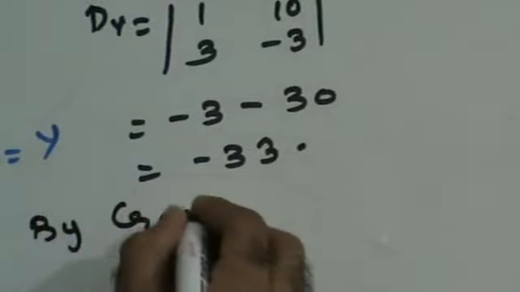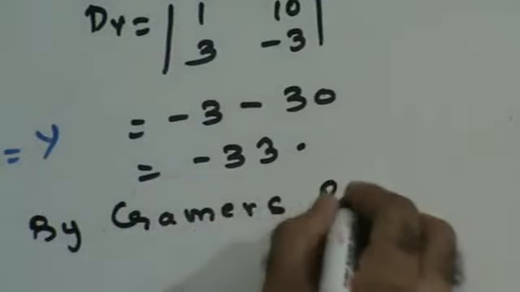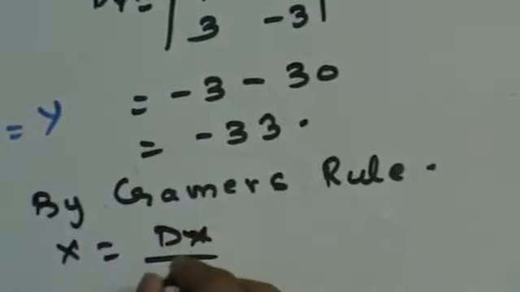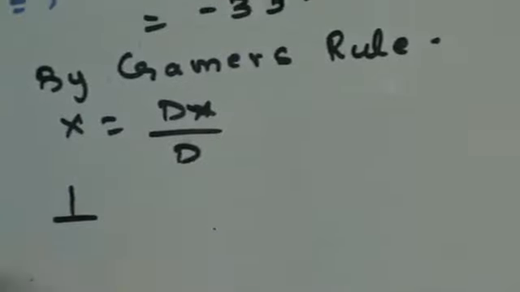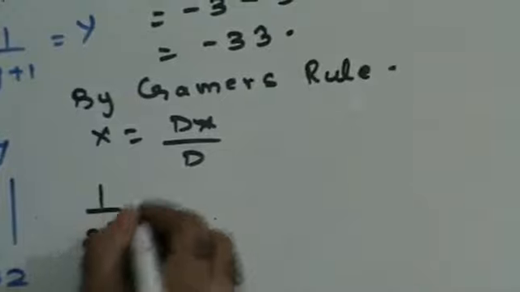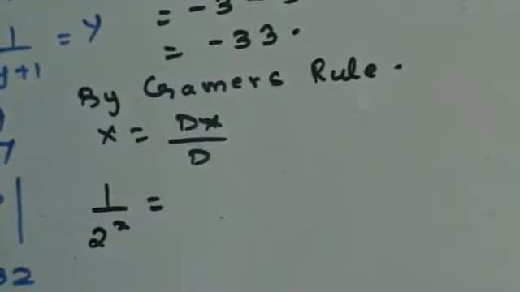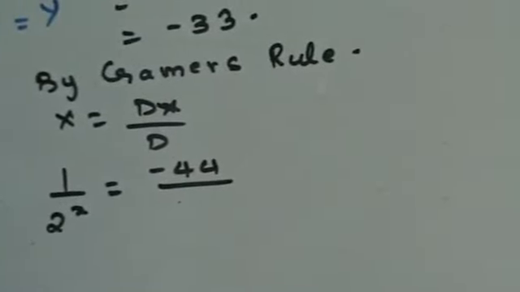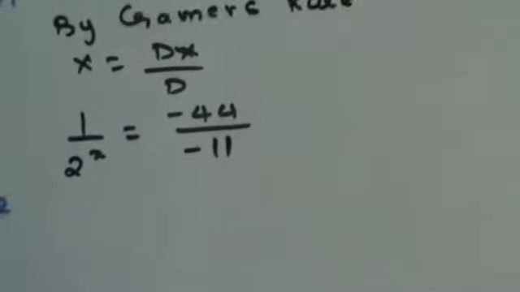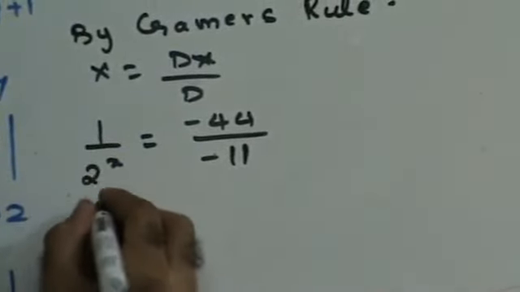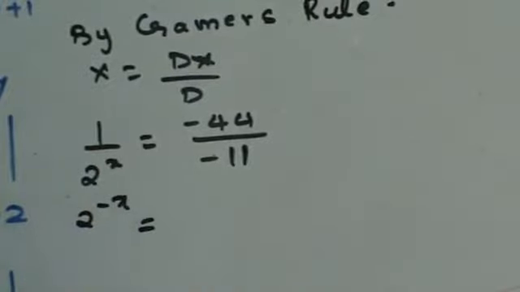By Cramer's rule, I can say X is equal to Dx upon D. What's the value of X? We found 1 upon 2 raised to x is Dx, minus 44 upon D, D is minus 11. 2 raised to x, when I take it in the numerator, will become 2 raised to minus x.